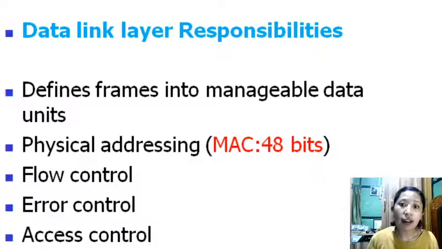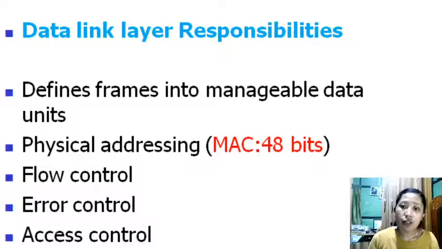This error control is related to the noise interference which may damage the frame the receiver is receiving. So the receiver uses this error control mechanism to identify the damaged frame, and if the frame is damaged, either it can correct the frame, if it has the mechanism of error correction, otherwise it will inform the sender, and the sender is going to retransmit that frame.